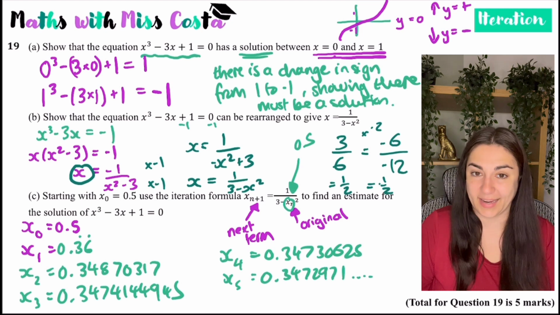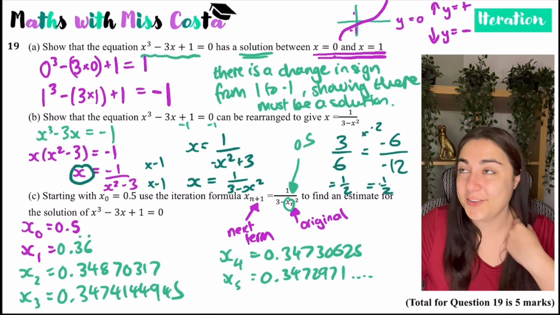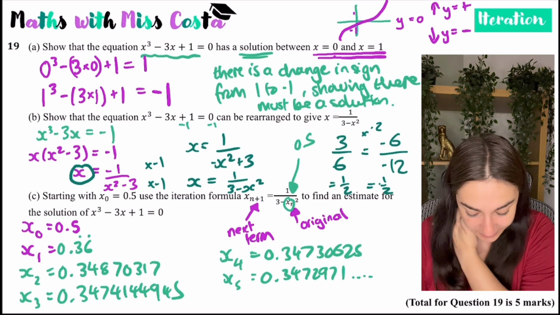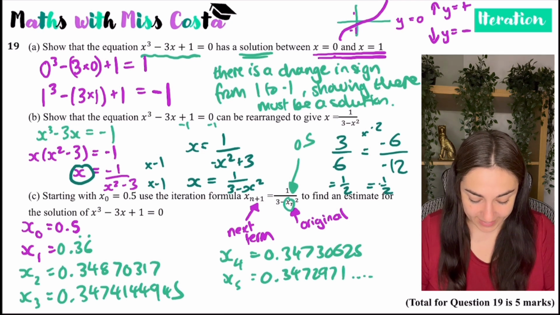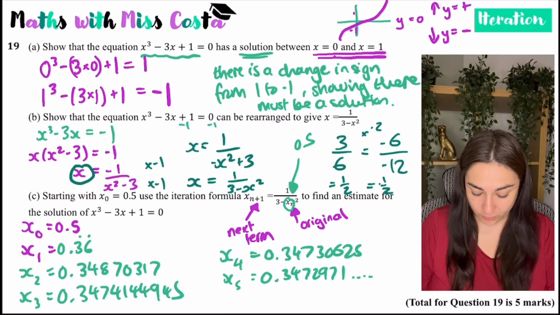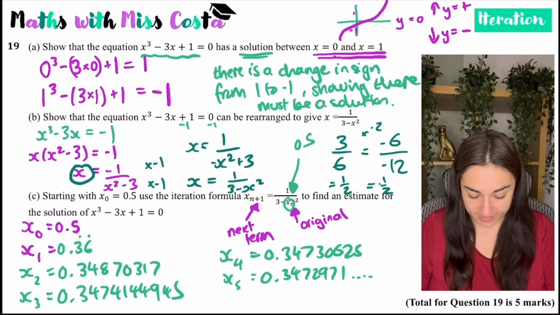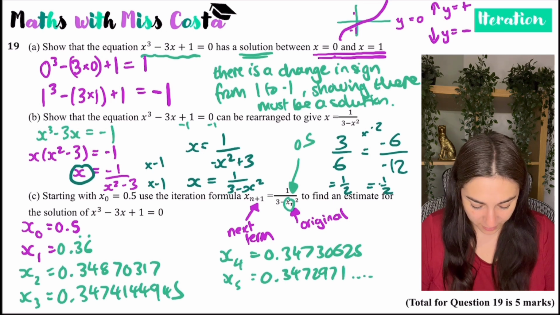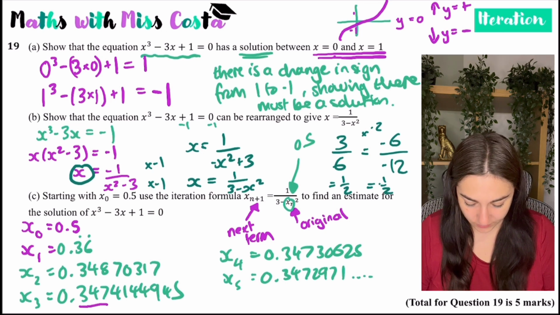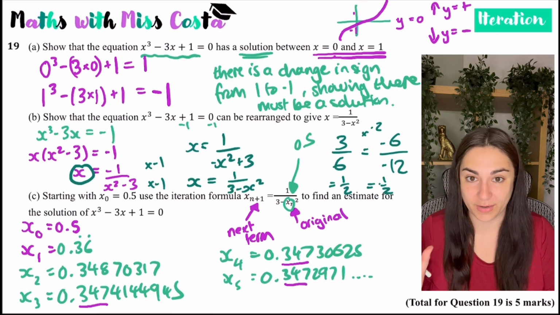So what you can see, and this is the cool thing about iteration, each time we're going to get closer and closer and closer to the solution. So what you want to do is get to a part where some of your solutions round to the same thing. So after the third term, we can see that all of my values are going to round to 0.347.